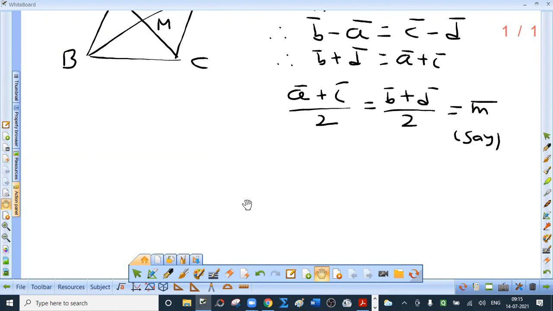Second part. Conversely, suppose that diagonals AC and BD of quadrilateral ABCD bisect each other. Now don't call it a parallelogram. We have to prove it. I repeat this statement. Conversely, suppose that the diagonals AC and BD of quadrilateral ABCD bisect each other.